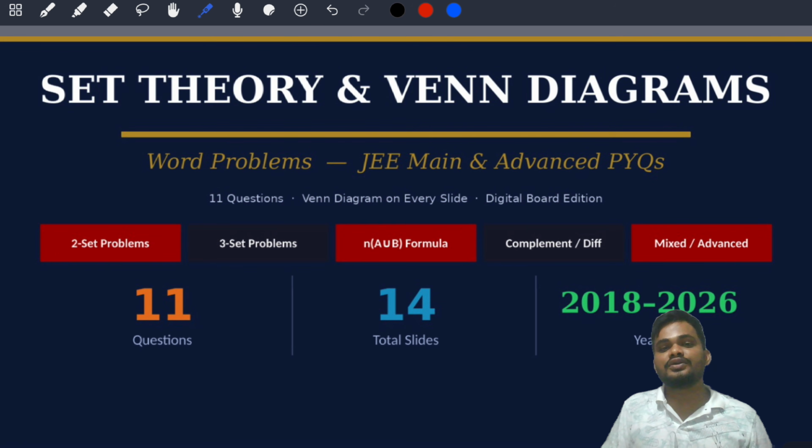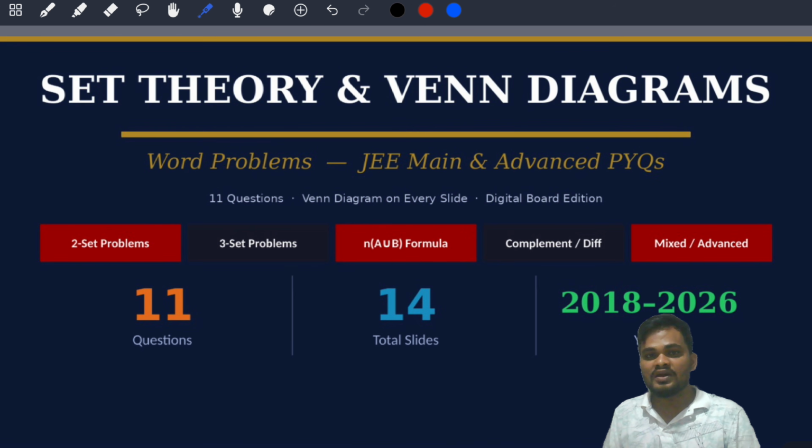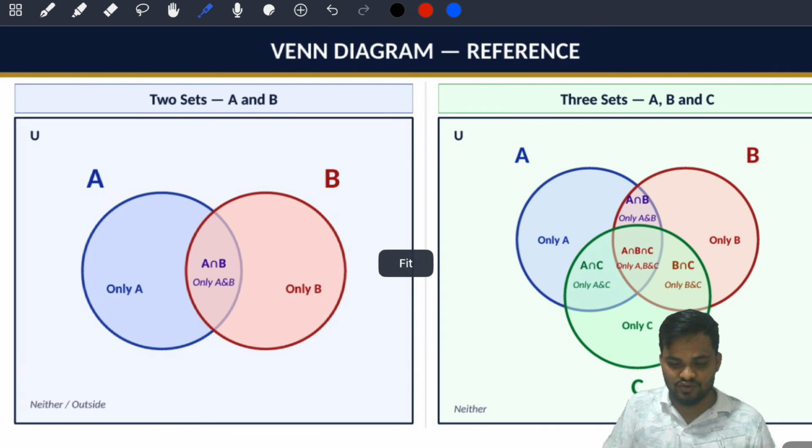So before solving 2-set problems, let me revise some Venn diagram contents for 2 sets.